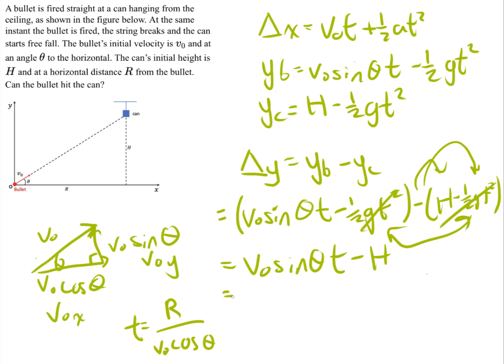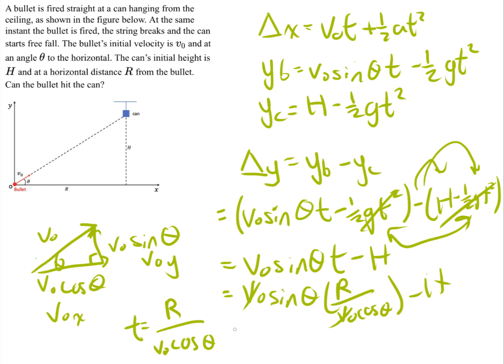If you remember, we found out t to be the range divided by the initial velocity times the cosine of theta. So we can plug that in for t. Now if you notice, the initial velocities cancel, so it doesn't matter what initial velocity it has, as long as it makes it across the distance r before the can actually hits the ground.